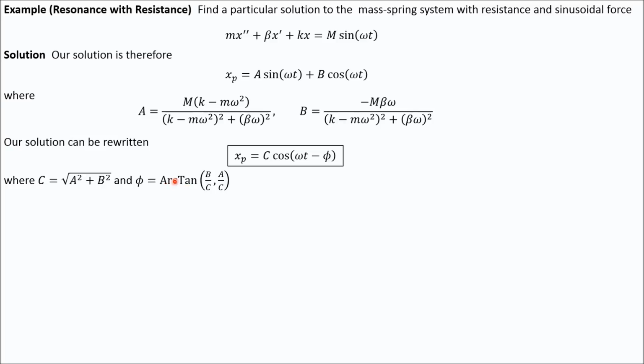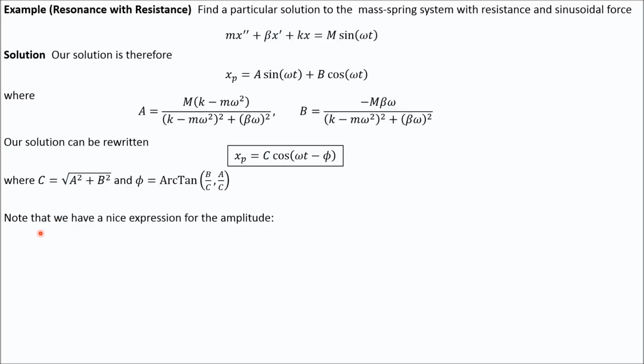It's the same as taking the arctangent of A over B, except it also provides you with an angle that's in the correct quadrant. That's the only difference.